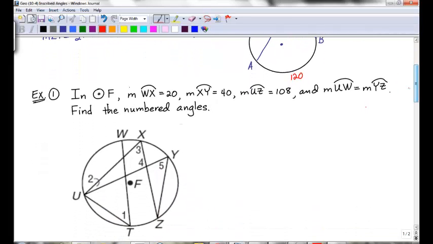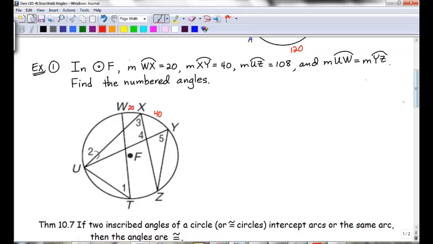Example 1. In circle F, the measure of arc WX is 20. Label that on your picture. The measure of XY is 40. That arc is 40. The measure of arc UZ is 108.